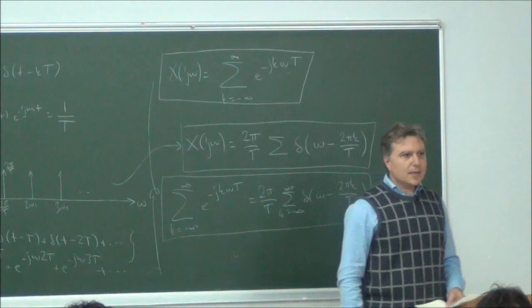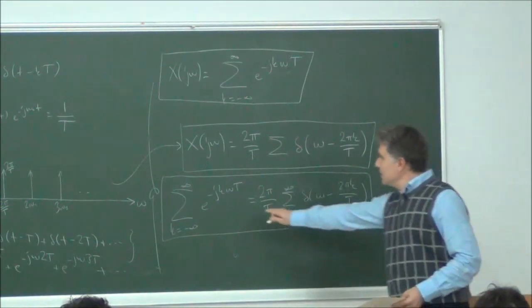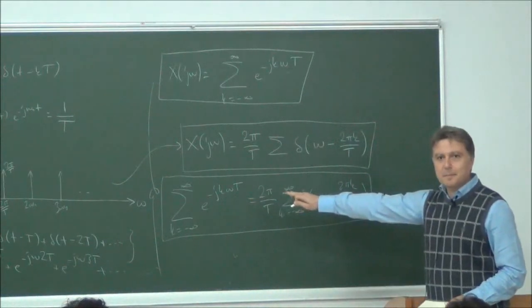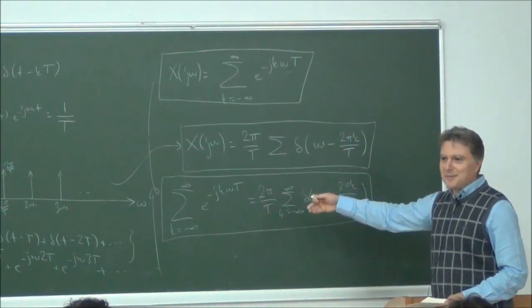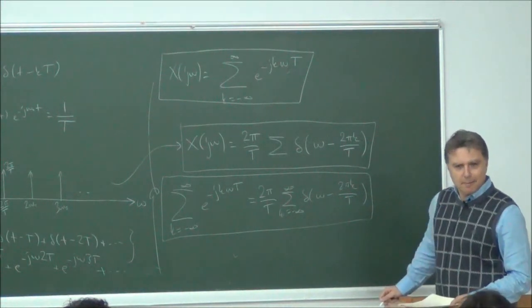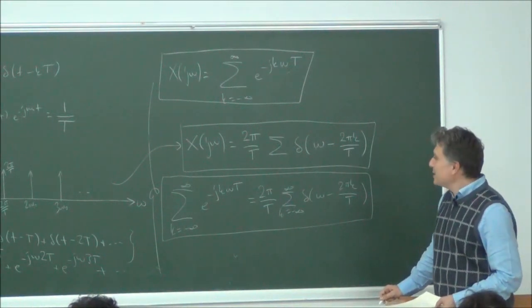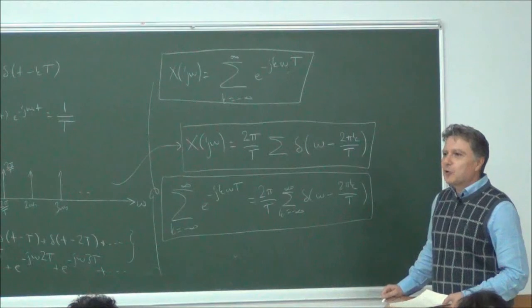This equality is amazing because it is extremely counterintuitive. The left-hand side is consisting of sinusoids. We add up sinusoids, infinitely many of them, and we come up with a train of impulses. It looks impossible, but it's true. And as a matter of fact, it's a mathematical question.